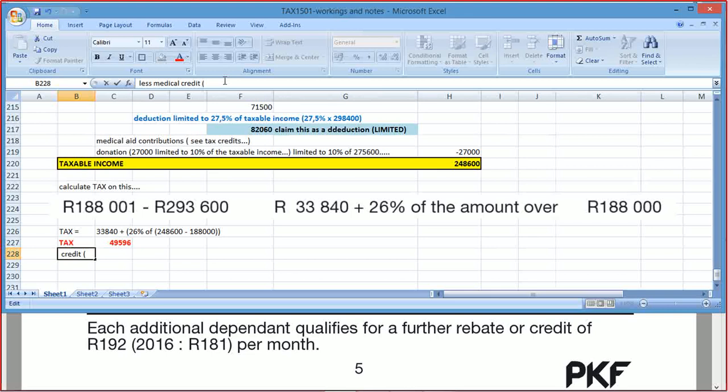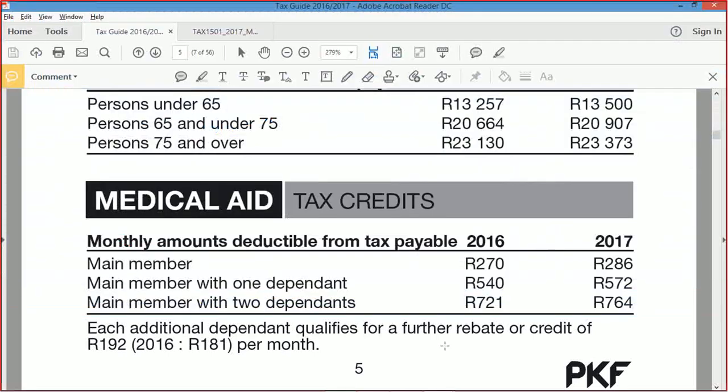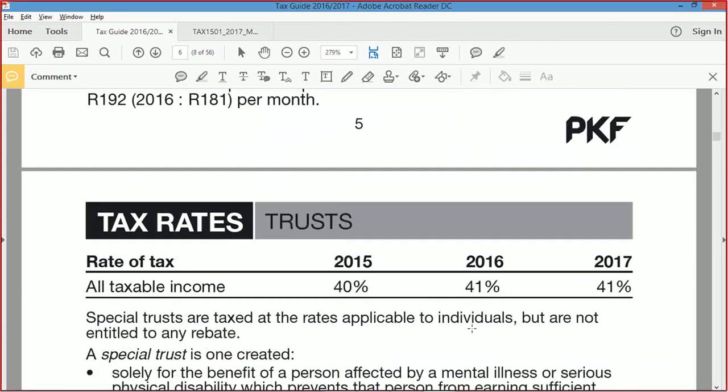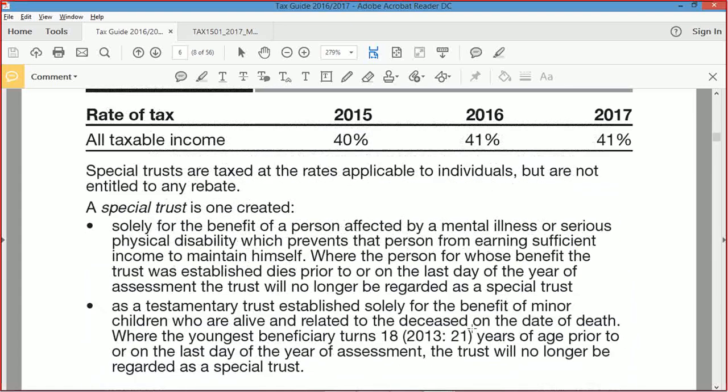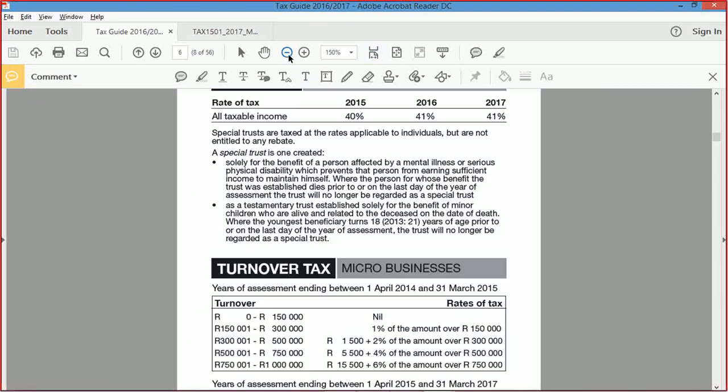Okay, so the main member. Let's go back. Okay, so as a main member, 4 members times. We're looking at the tax credit.